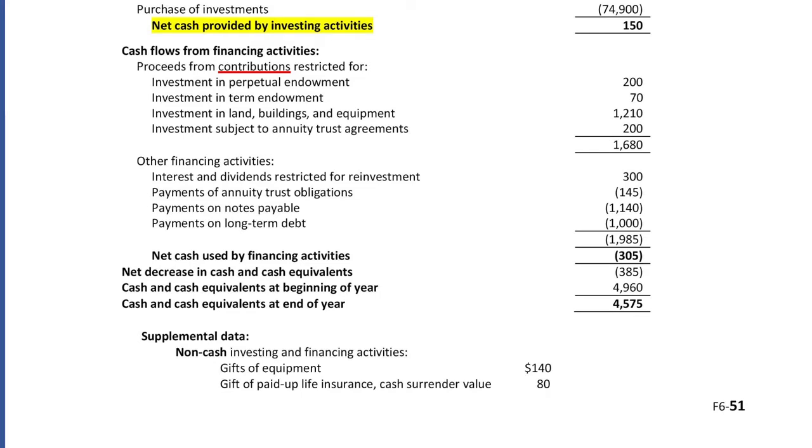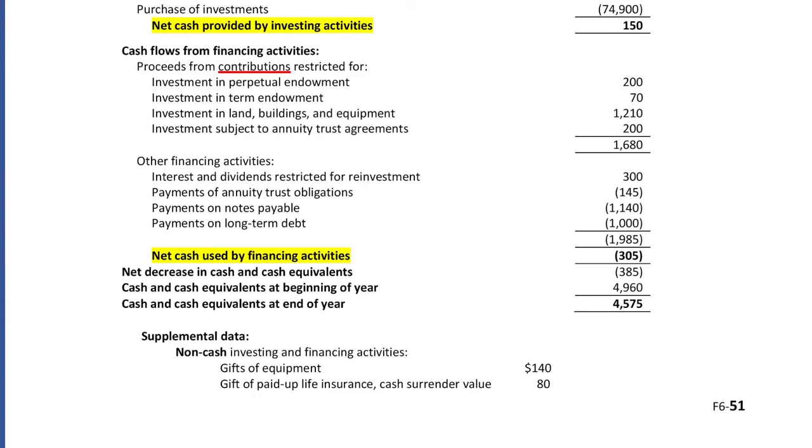And then you've got the other financing activities, which include interest and dividends restricted for reinvestment, payments of annuity trust obligation, payments on notes payable, and on long-term debt. Gets you to the total highlight net cash used by financing activities.